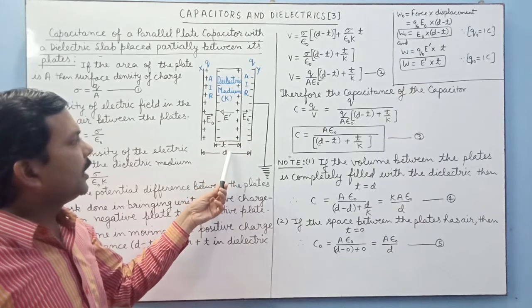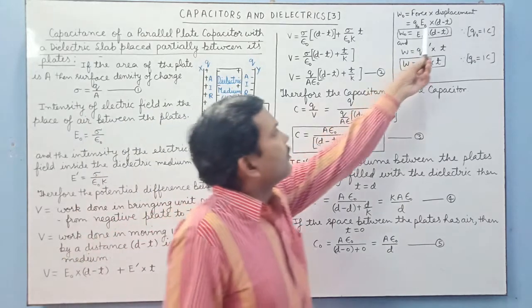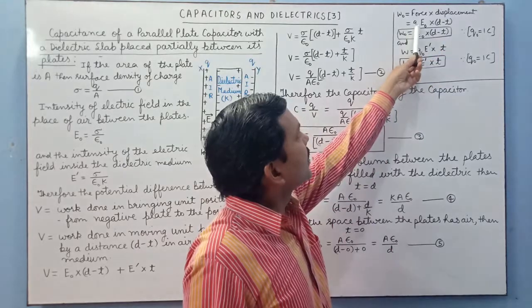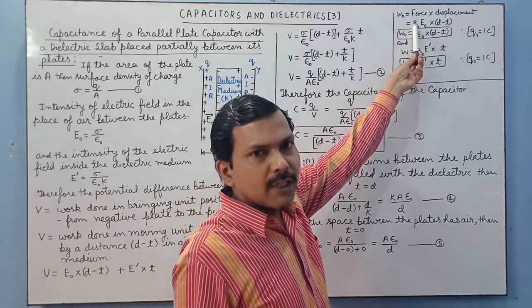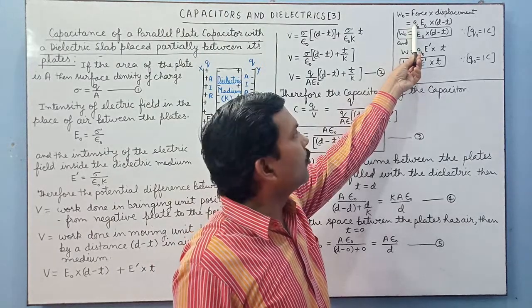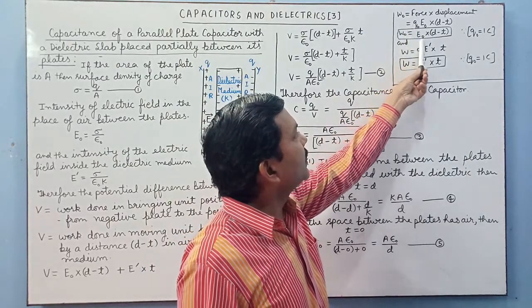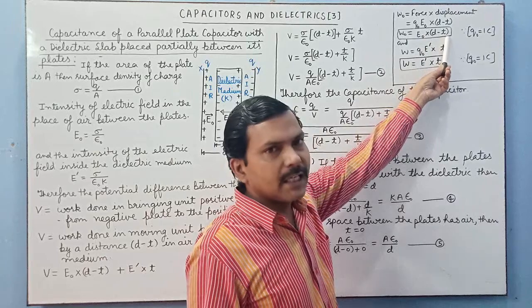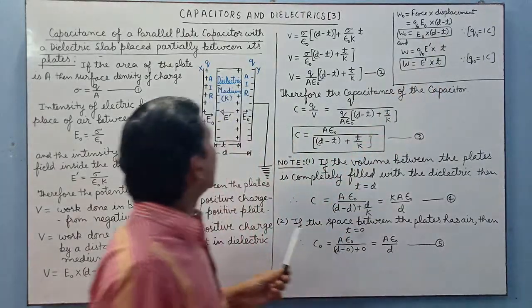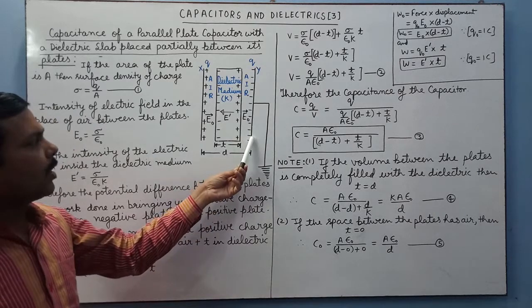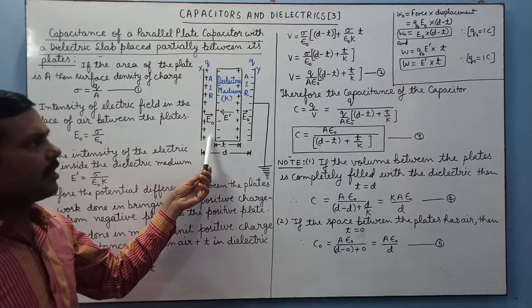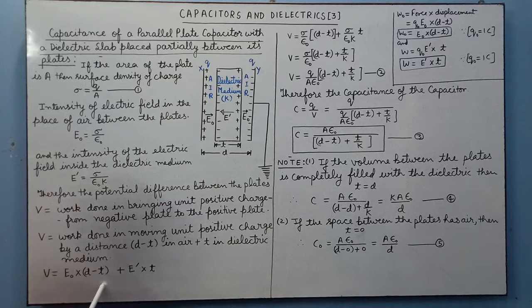Displacement will be d minus t. We substitute Q0 as 1 because we are moving a unit charge from one plate to another. So work done is E0 into d minus t. This is the work done in moving the unit charge from one plate to another in air.